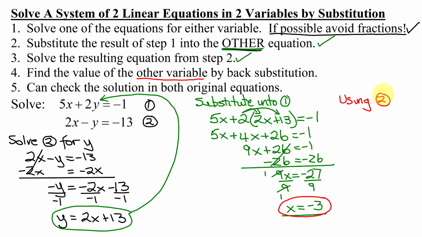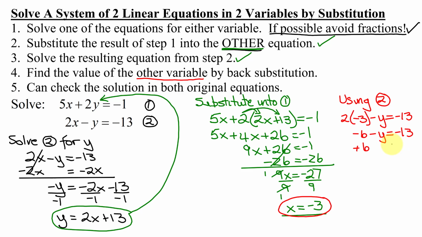So using equation 2, I get 2 times x, x is -3, so that's 2 times -3 minus y equals negative 13. 2 times negative 3 is negative 6 minus y equals negative 13.